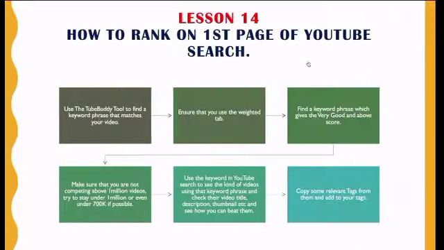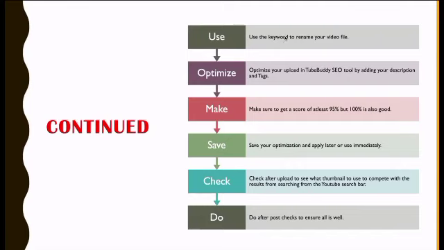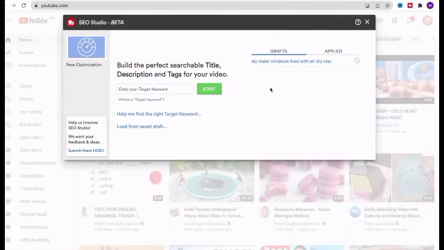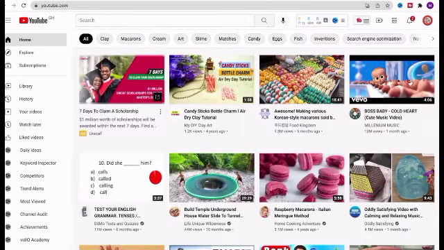Now we are left with naming our video file with a keyword. So let's go and do that. So where can we find our video? First of all, we'll go and try to upload the video. So we'll go here, we'll go to upload, create. This is where we upload the videos, and we hit upload video.